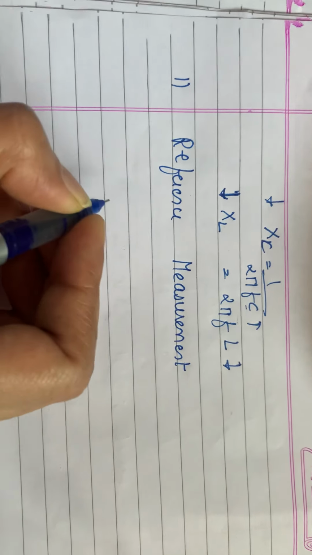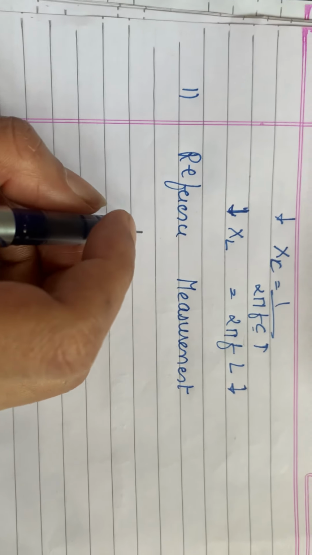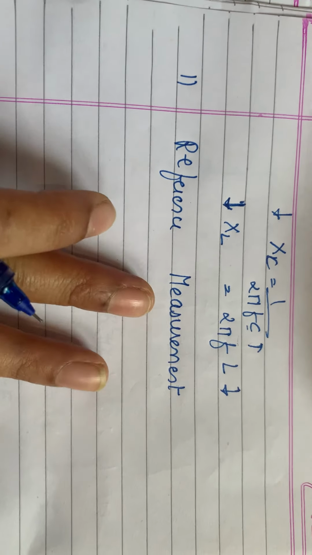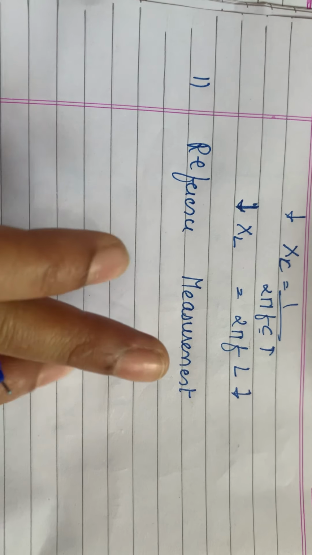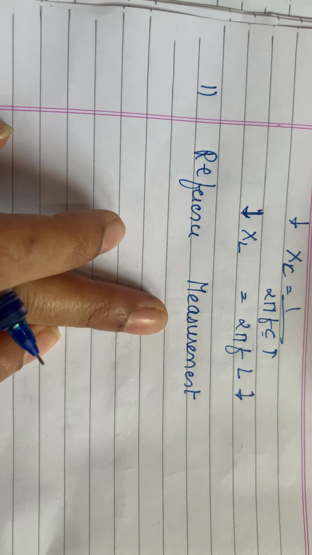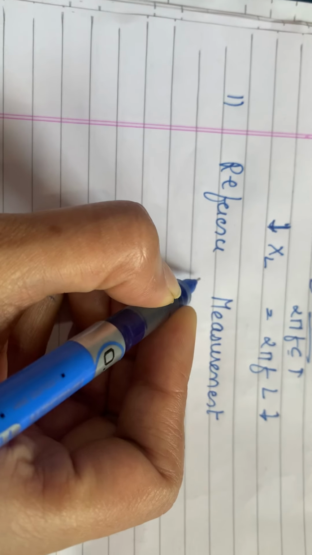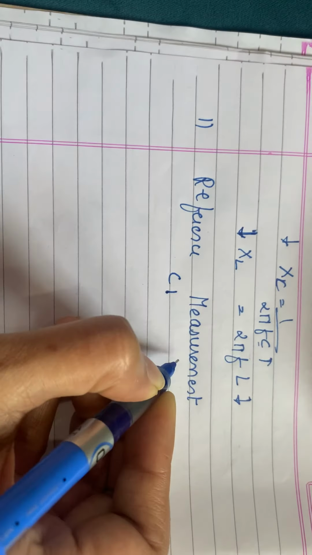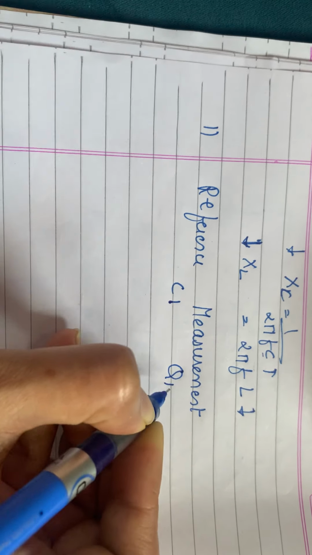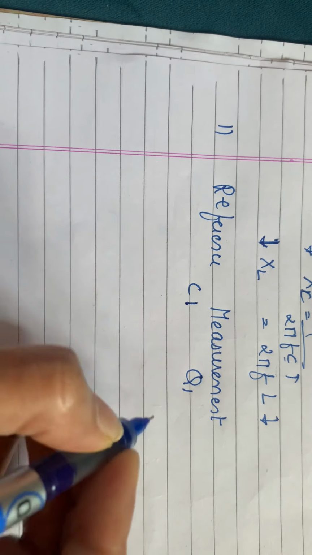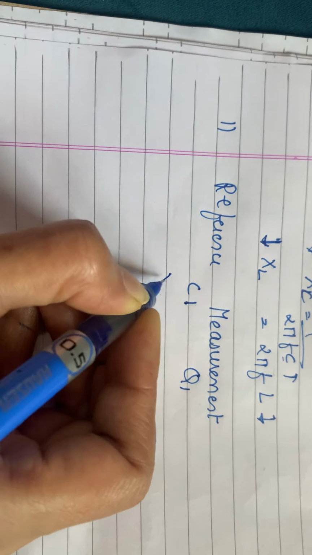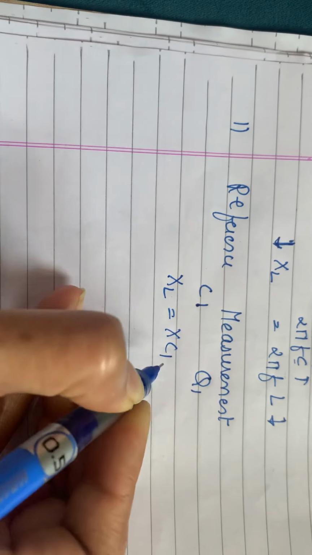So in the reference measurement, what is done? The shorting strap is closed, the low impedance is shorted, the tuning capacitor is varied, and at resonance, the value of the capacitor C1 and the voltmeter reading Q1 is noted down. Now, we know under resonance, XL is equal to XC1.